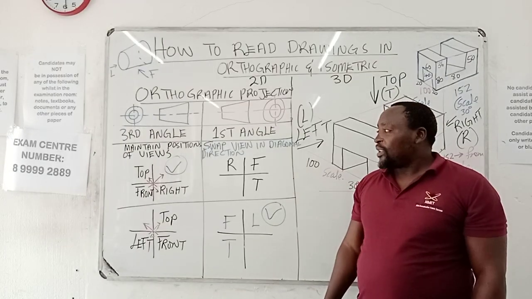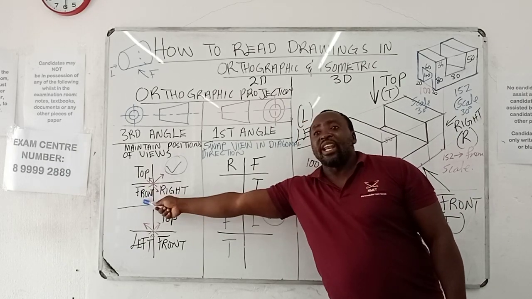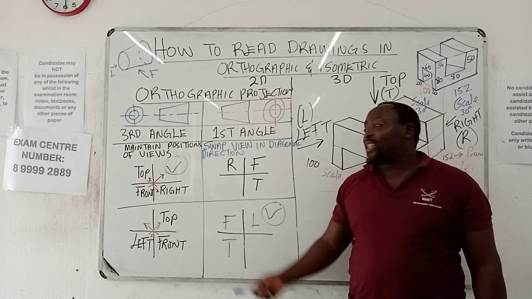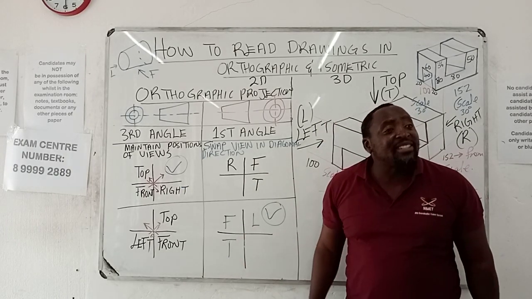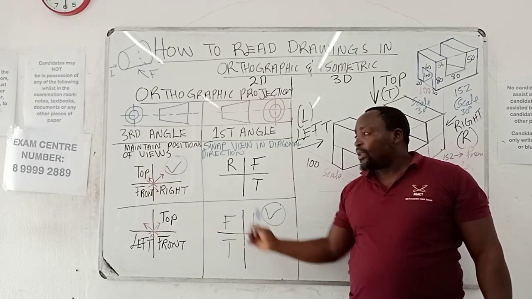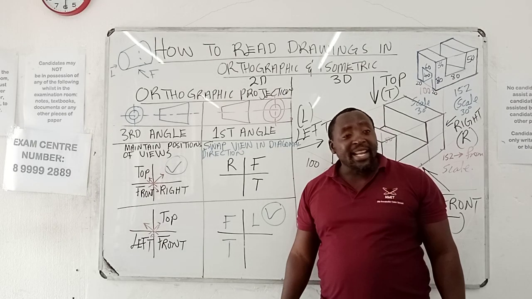Front. Because this one, the front is on the left. This one, the front is on the left. That is why they picked these two, so that the front does not swap around. You only swap the side view. Is that clear?